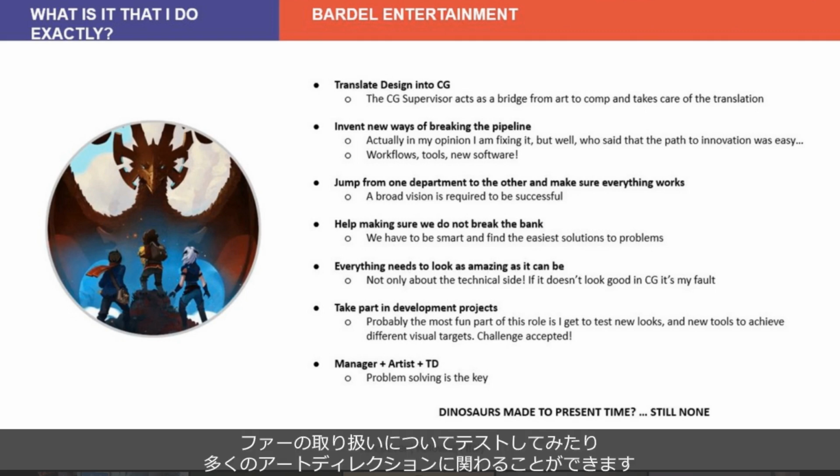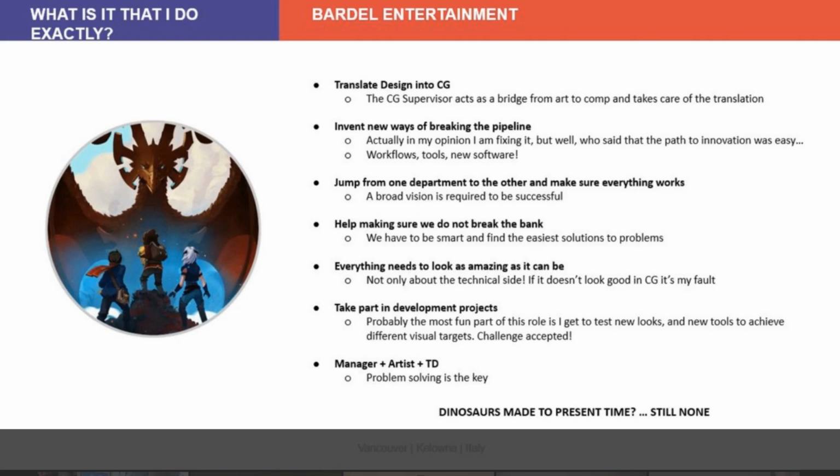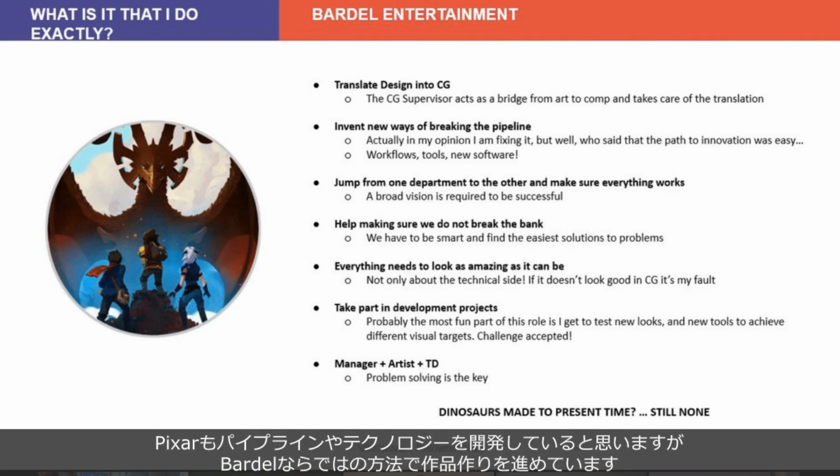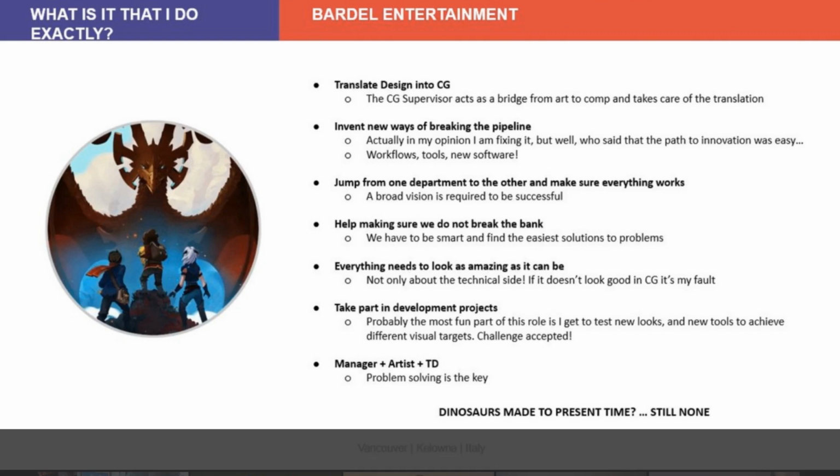Is there fur? Is there not fur? Do we have to texture the fur? Do we have to groom the fur? So there are a lot of decisions there, and a lot of artistic paths that we have to take to make these little development projects, which are like shorts. I feel like it's almost like Pixar doing its shorts for developing their pipeline and technologies. That's our way of doing it in Bardell.